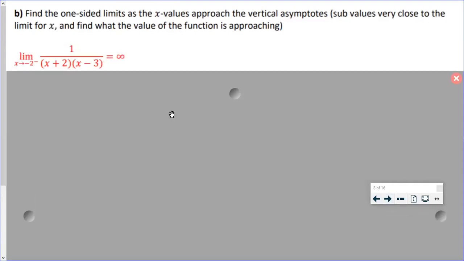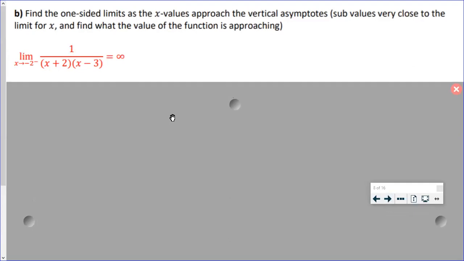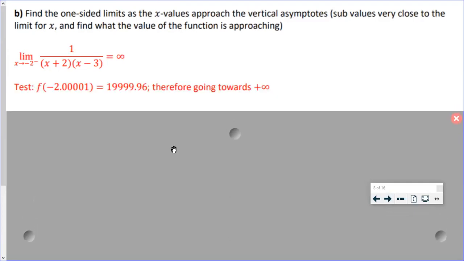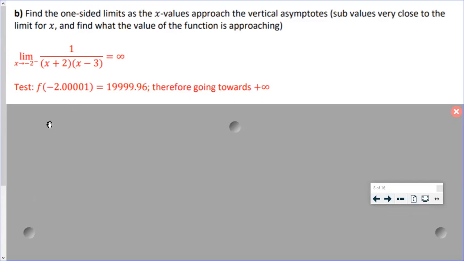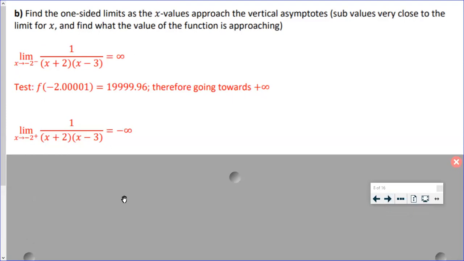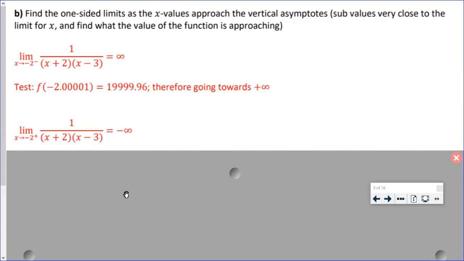Remember, you're not going to be expected to do this on the test, but if we use a test value close to -2 as we're approaching -2 from the left, I would see that the graph moves towards positive infinity. If I'm approaching -2 from the right, the graph is moving towards negative infinity.